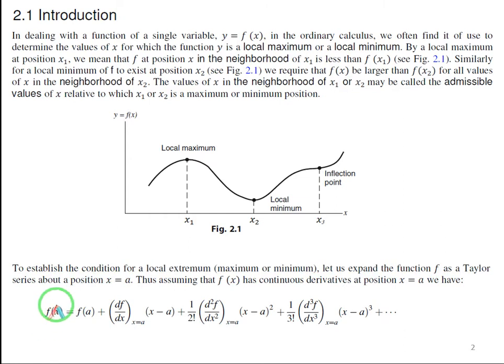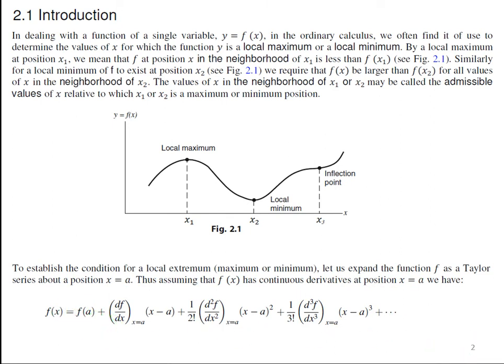We can say that f of x equals f of a plus df over dx times (x minus a), plus 1 over 2 factorial times the second derivative of f with respect to x at point a, times (x minus a) squared, and so on. This is the Taylor series formula of f of x at position x equals a.